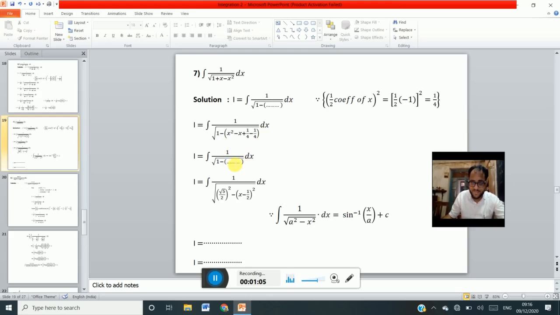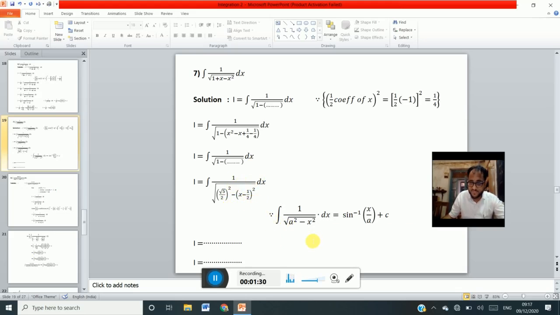Then in this blank space what do we get? That is x minus 1 by 2 whole square, and minus 1 by 4 outside the bracket, and minus minus plus 1 plus 1 by 4 means 5 by 4, and 5 by 4 in square form is root 5 by 2 whole square, and x minus 1 by 2 whole square.